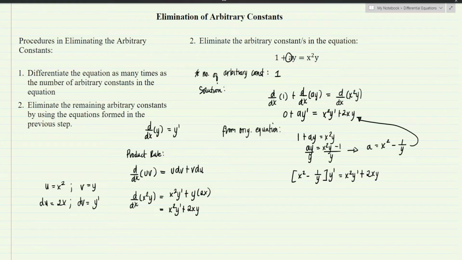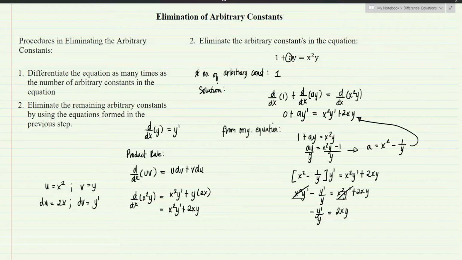So distributing y prime, I will have here x squared y prime minus y prime over y equals x squared y prime plus 2xy. So notice we have the same terms here on both sides of the equation, so I can cancel them out. So leaving me with negative y prime over y equals 2xy.